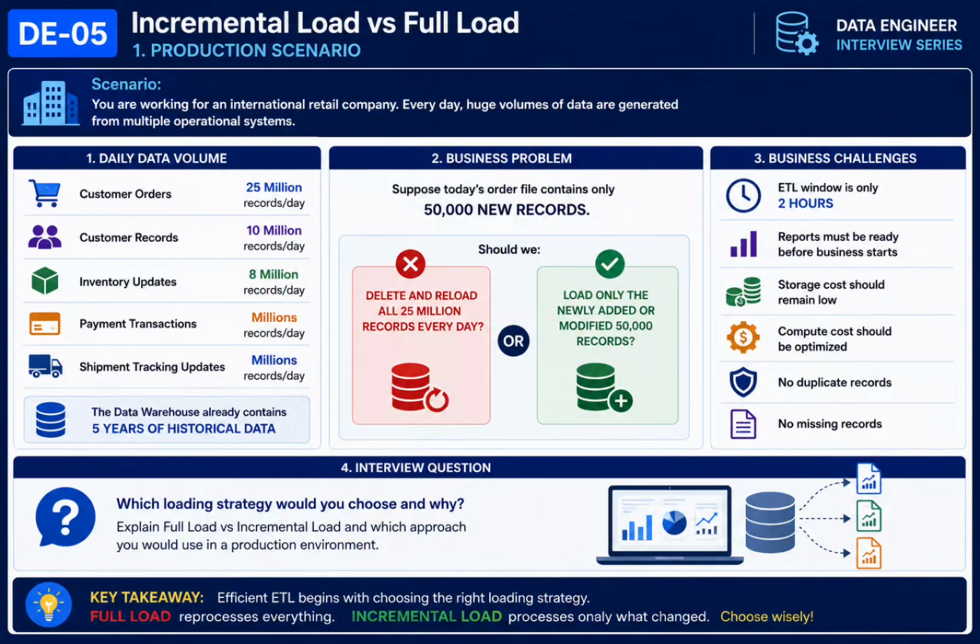Instead, if I identify only the new and modified records, I can process a much smaller data set. This reduces execution time, lowers infrastructure cost, and makes the pipeline more scalable.